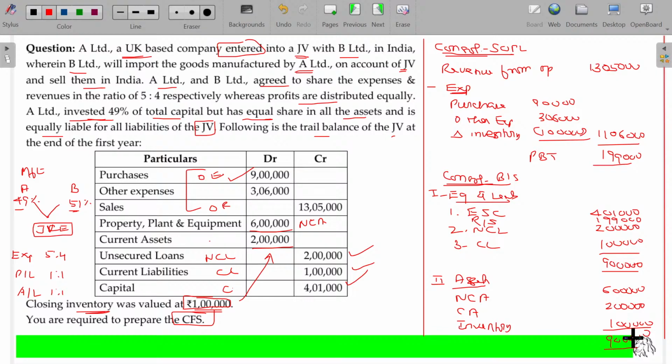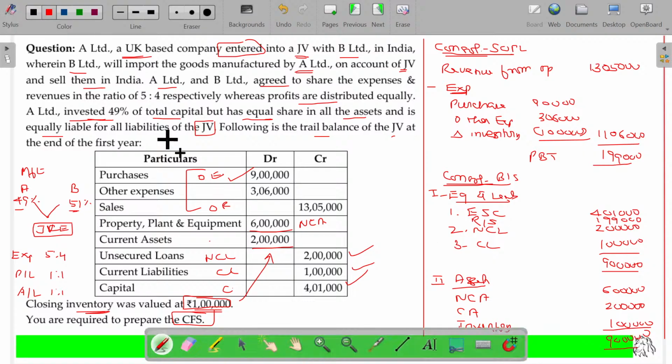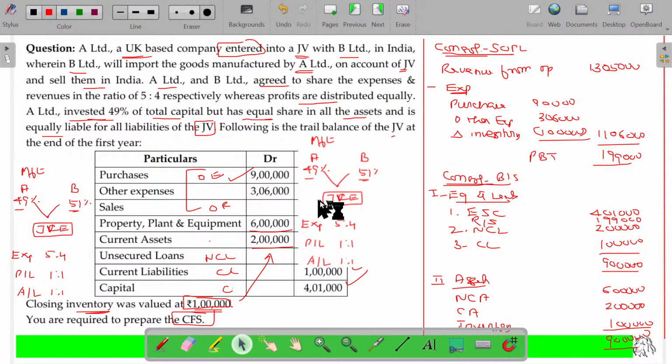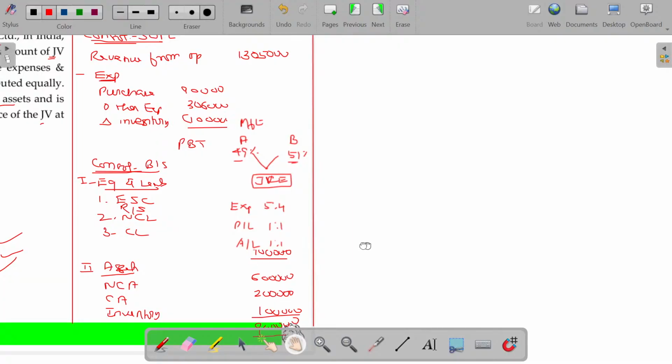This seems pretty simple, but what you have to learn here is very, very important. This part is going to be incorporated now.